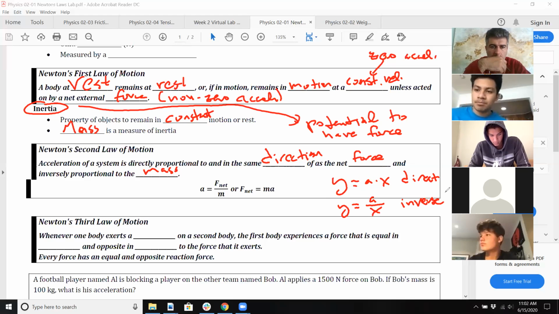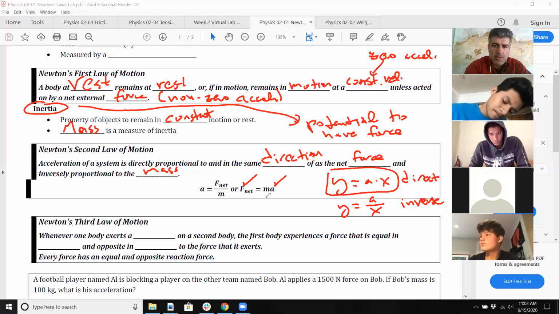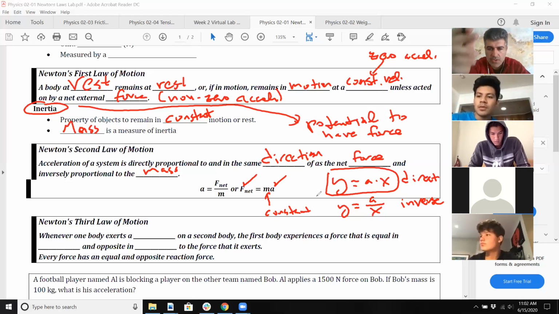You're told that acceleration is directly proportional to force. Well, of course. Force is mass times acceleration. So it follows this formula, where your mass is your constant. If you have a mass that is not going to change, then force and acceleration are directly proportional to each other.